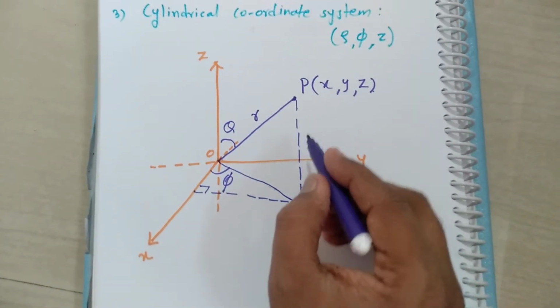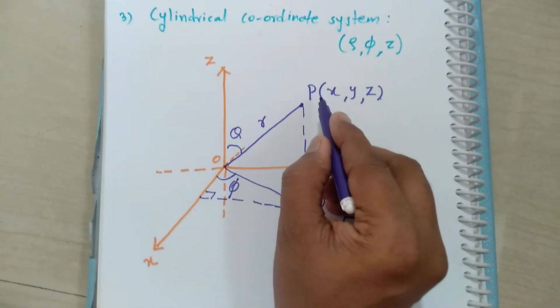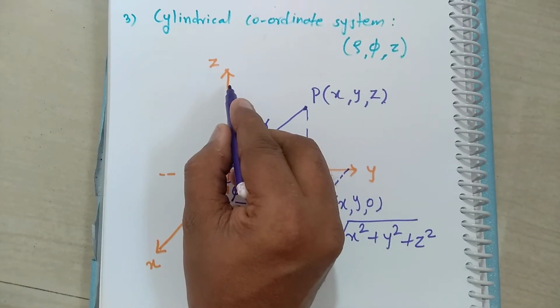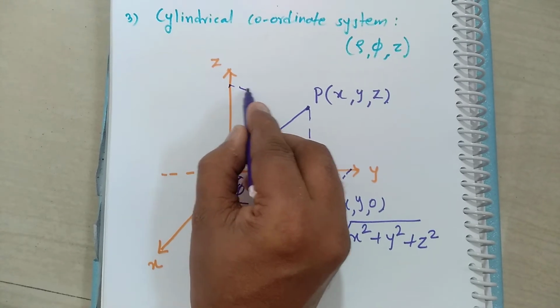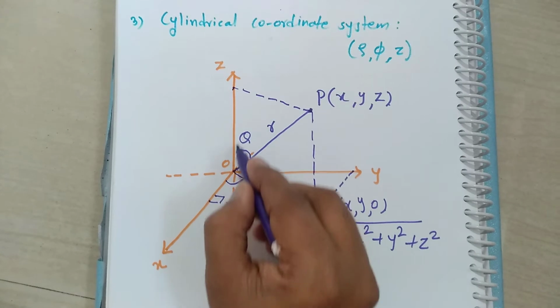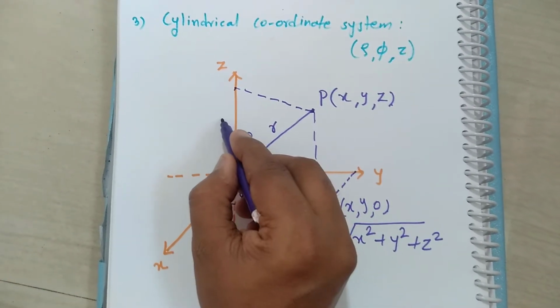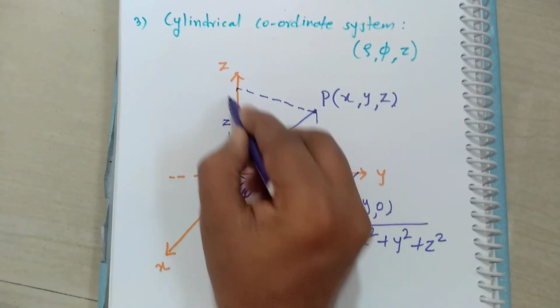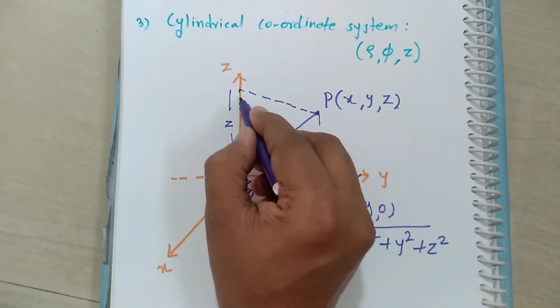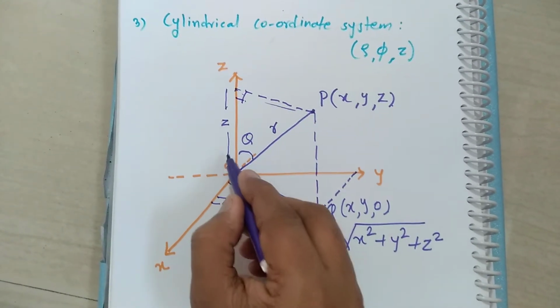Okay. Now there is some relation between the Cartesian coordinates x, y, z and the spherical polar coordinates r, theta, phi. What is that? A very simple derivation is there, we'll discuss that. This is the point P. So what you do is draw a perpendicular to the z axis from this point P. This distance is your height z. This is z, and this is a right angle triangle, because this line is perpendicular to the z axis.